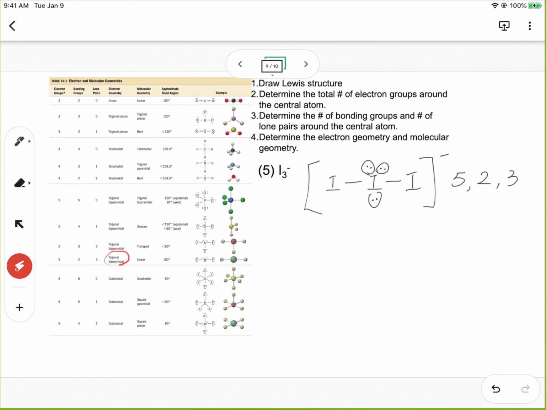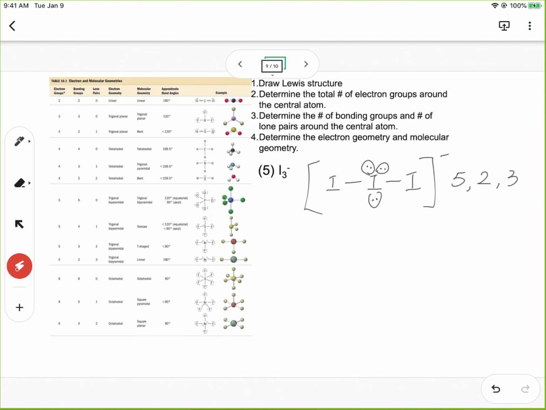Trigonal bipyramidal geometry for electron geometry, linear geometry for molecular geometry. In other words, these 3 atoms are going to be on the same straight line, and the 3 lone pairs occupy the equatorial plane positions of the trigonal bipyramidal geometry.